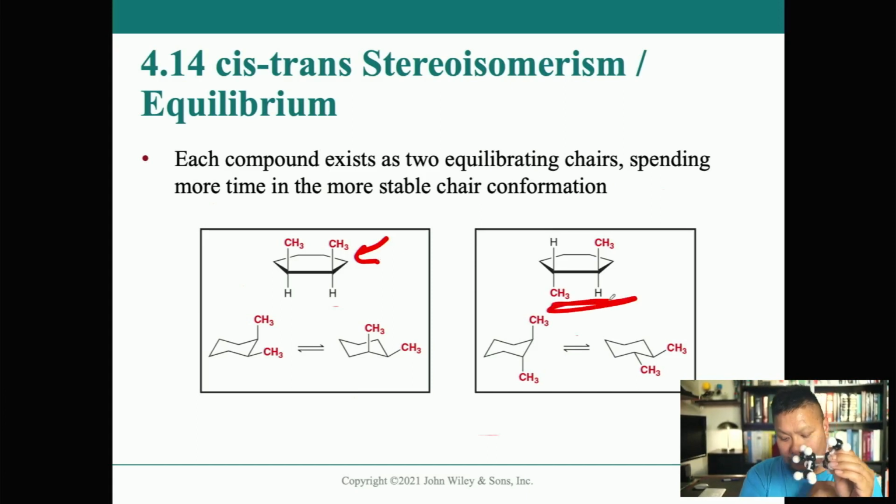What we're trying to learn from this slide is that when you see these two right here, both of these methyl groups are in the axial position on the trans.